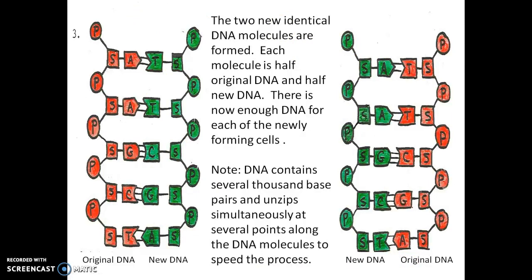But if you look at the actual base pairs, you'll see that they are identical. Here we have AT, over here we have AT. Here we have AT again, here we have AT. GC, GC, CG, CG, TA, TA. So they are identical, and that's what matters.